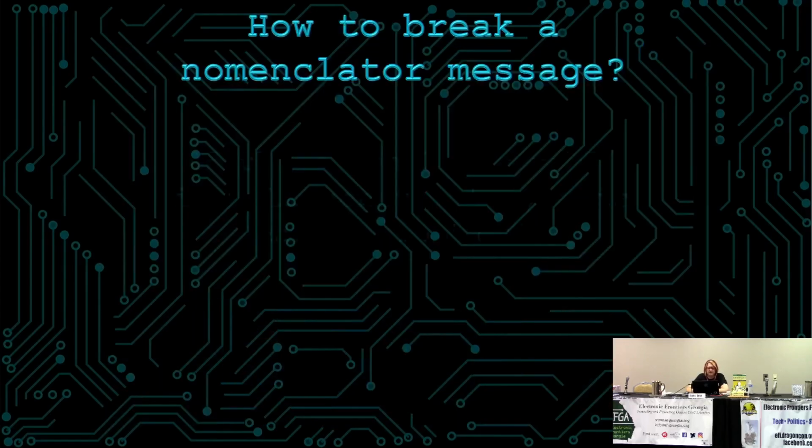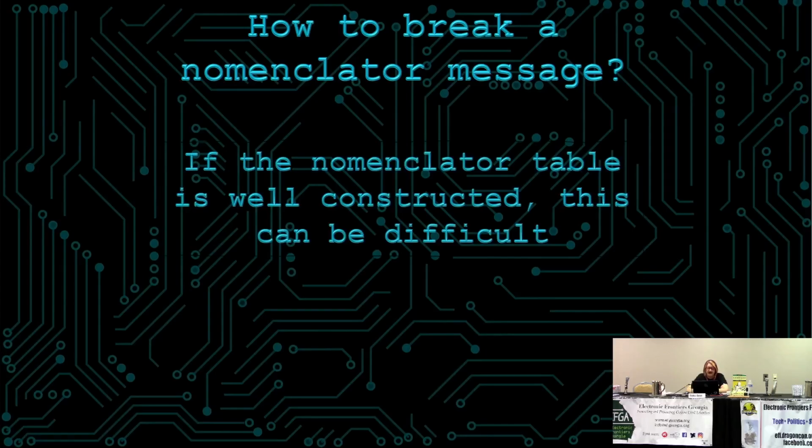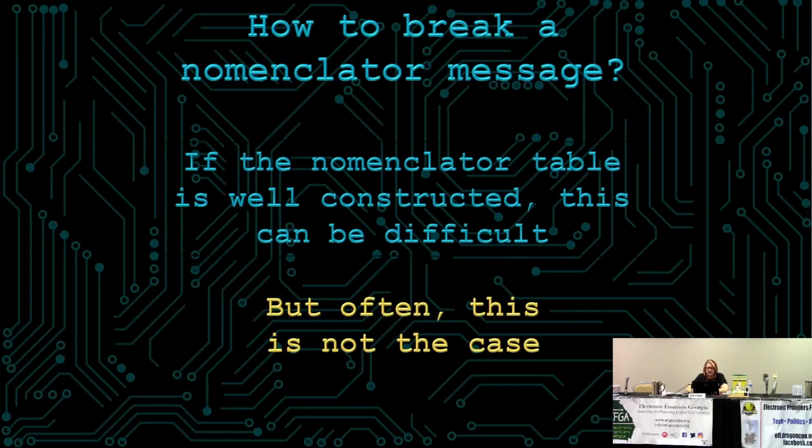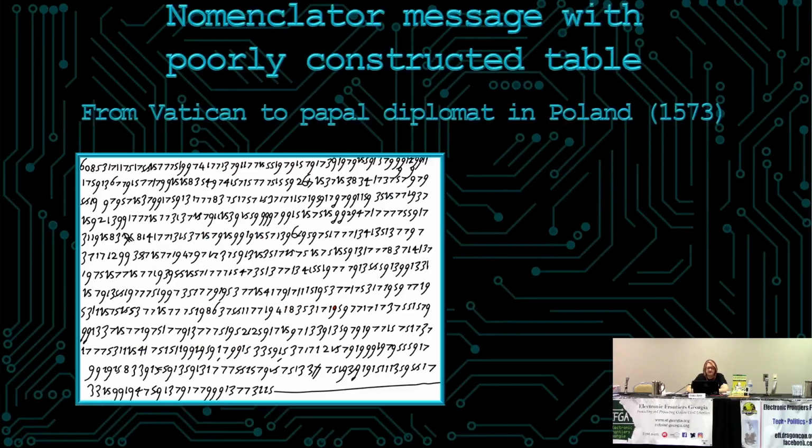All right, so breaking a nomenclator message. If you don't have the table, it can be very difficult to break a nomenclator message, but the tables are not always well written. So here's an example of a nomenclator message. This is from 1573, from the Vatican to a papal diplomat in Poland.